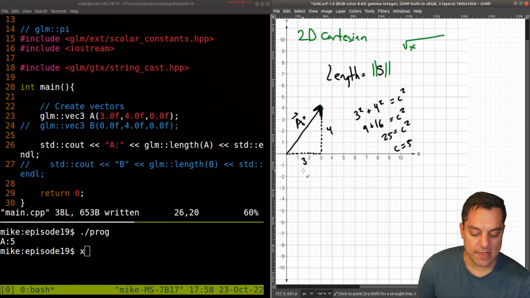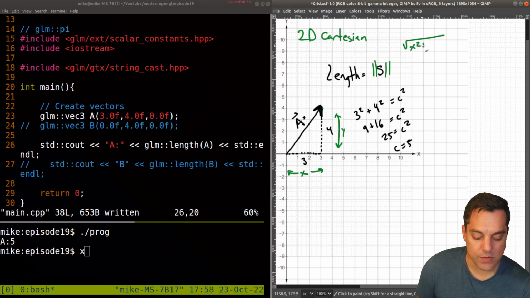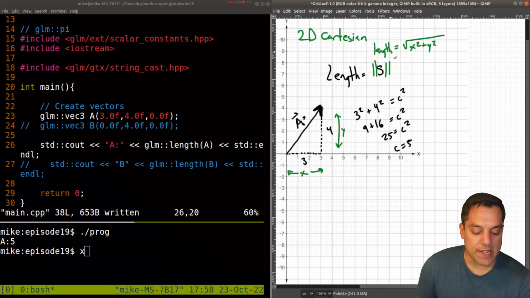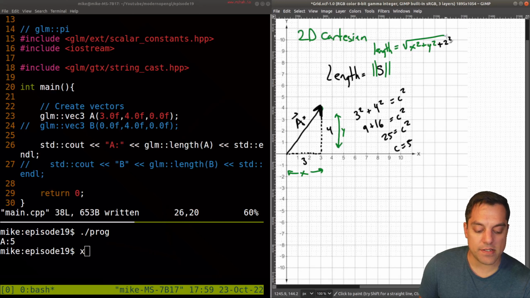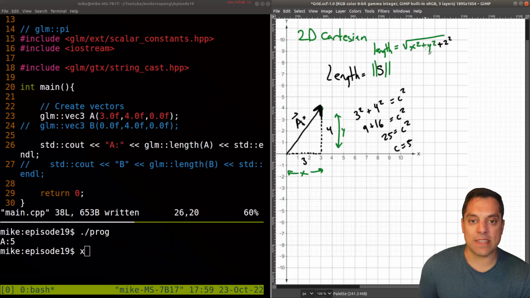So in the x-axis we were moving in this direction, and in the y-axis we're moving up and down. So x squared plus y squared, under a square root, equals our length. Now, if we're in 3D, I just add the other component, z squared, and that'll also compute the length.